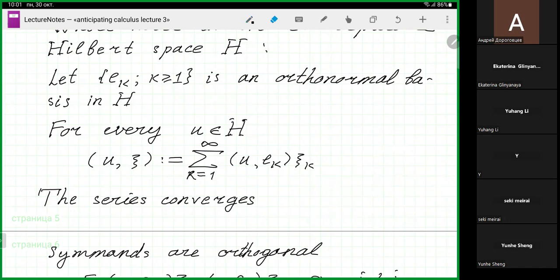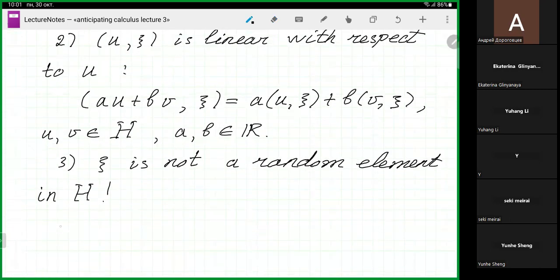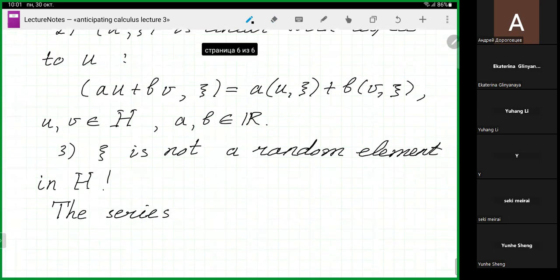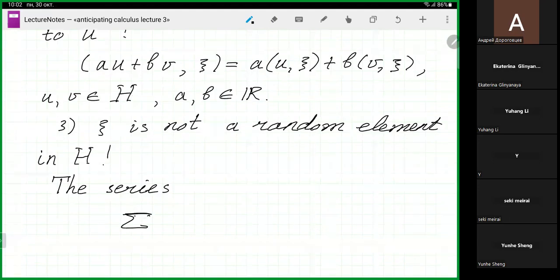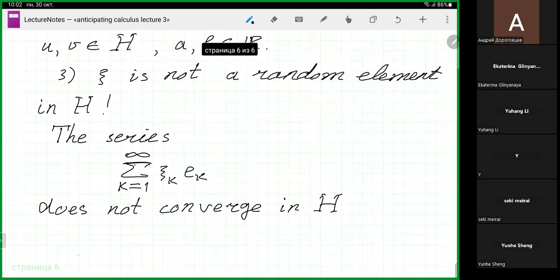The series sum from k equal 1 to infinity of xi_k e_k does not converge in H. And the reason is very trivial.